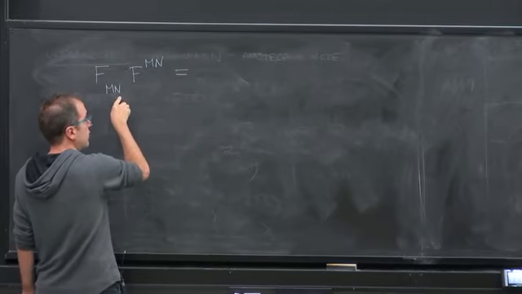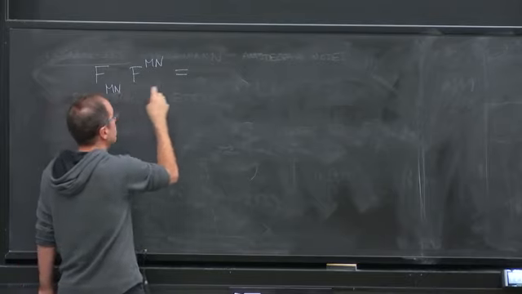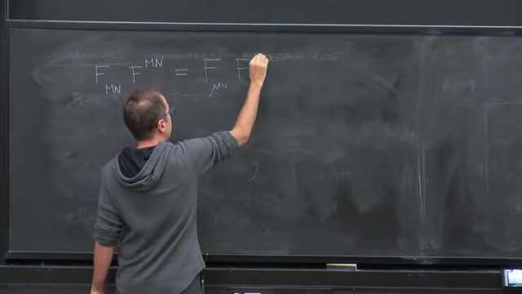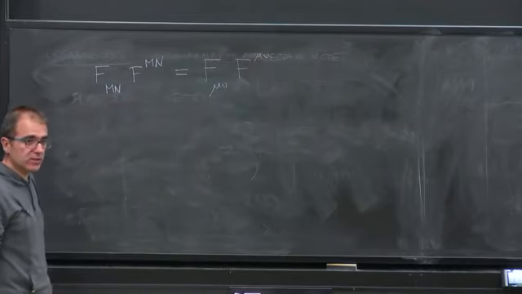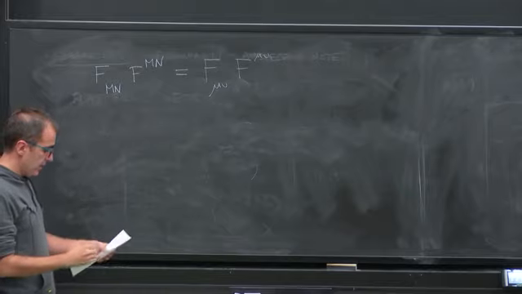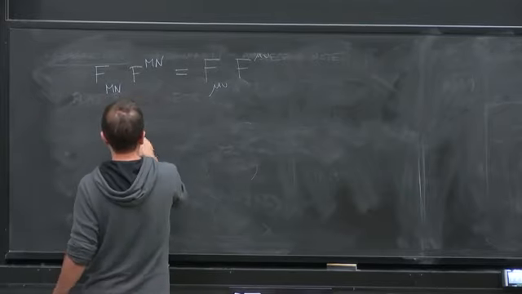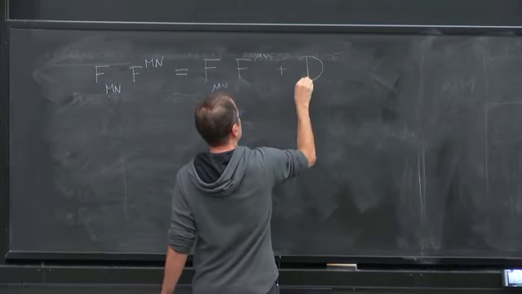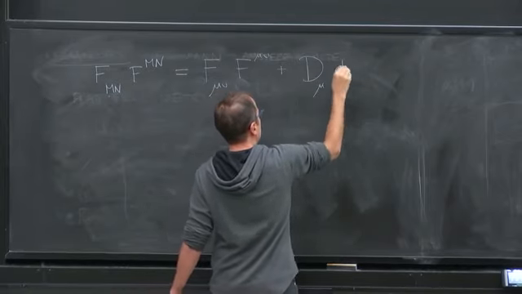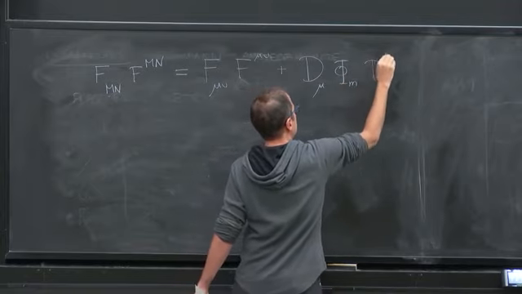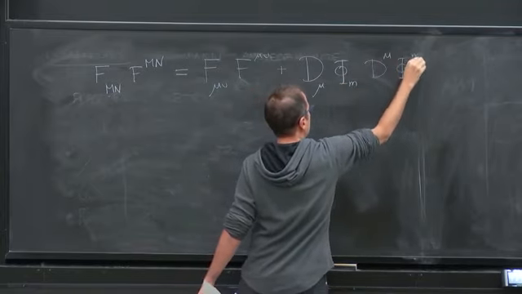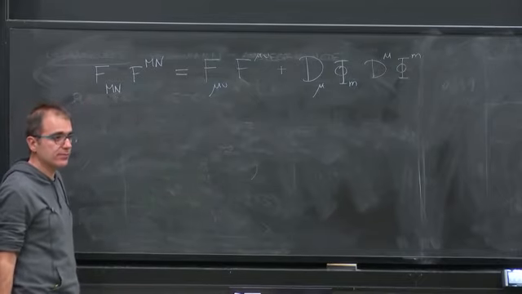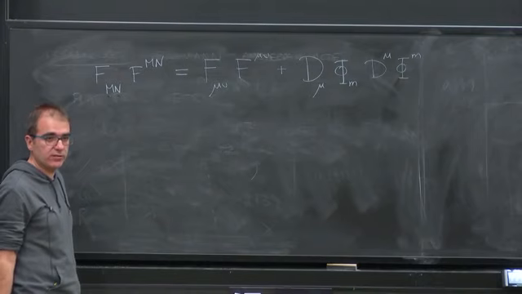If both indices are μ, ν, this becomes just F_μν F^μν, when the indices are in the 4 directions. If one index is μ and one is m, we would get plus D_μ φ_m D^μ φ_m, if one index is in the first 4 directions and the other is in the last 6. We would get just the covariant derivative of the scalar.